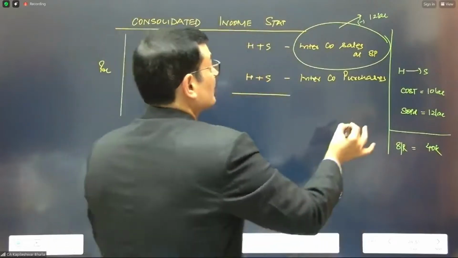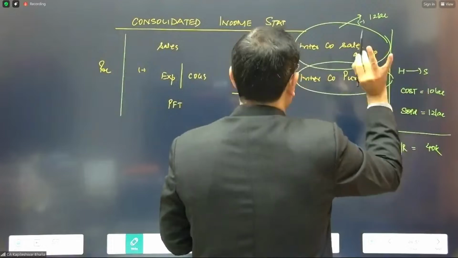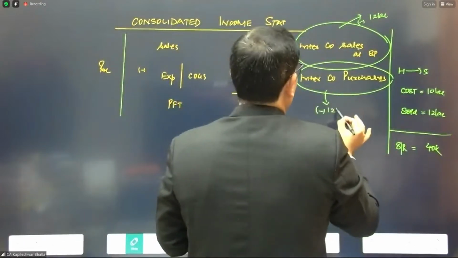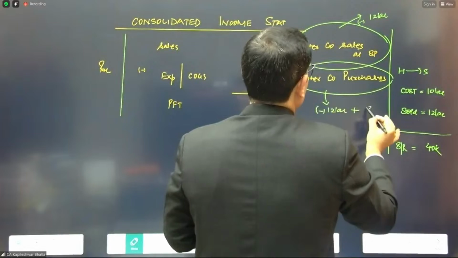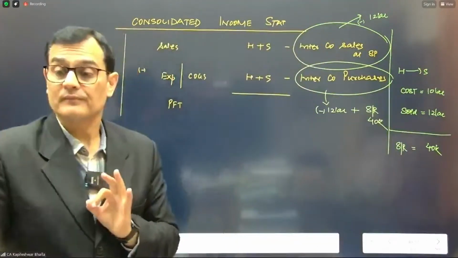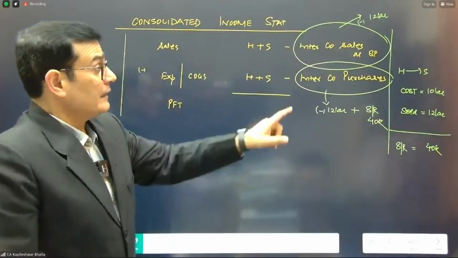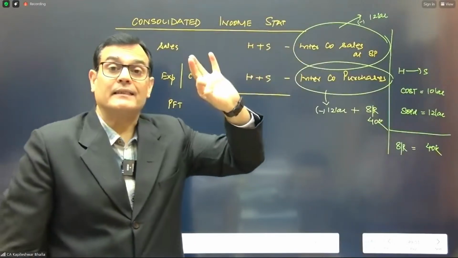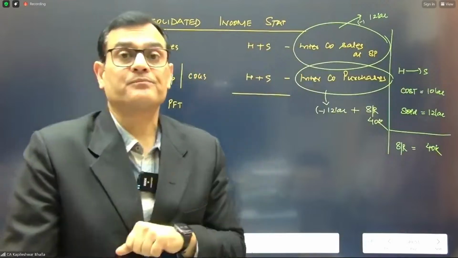But when you consider the elimination of the intercompany purchase, please be careful. You will reduce 12 lakh, but you're going to add the stock reserve, which is to the extent of 40. You heard me correct. In this particular case, the elimination from the sales will be at the entire selling price.